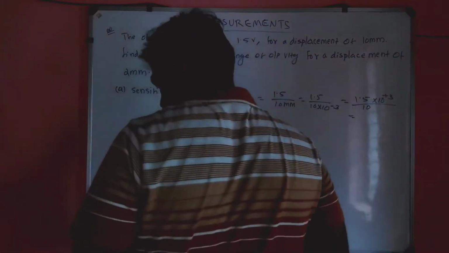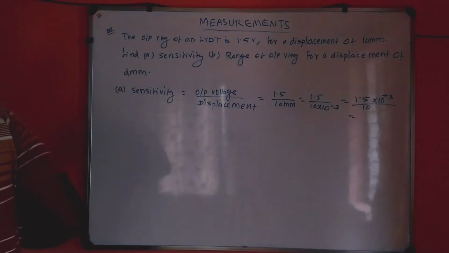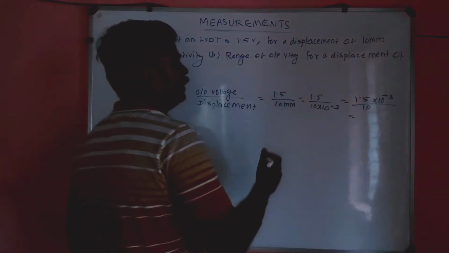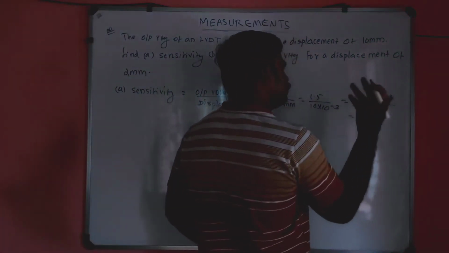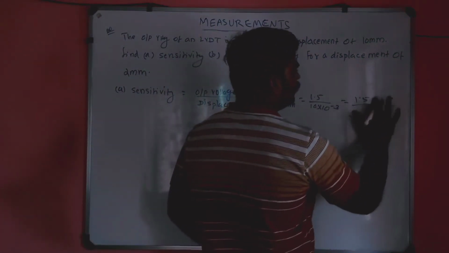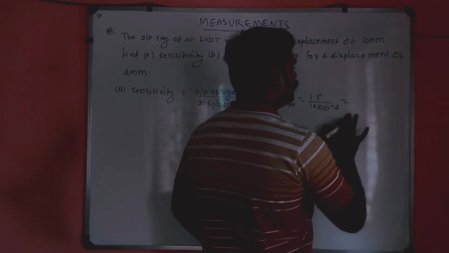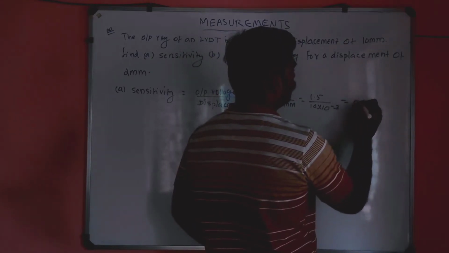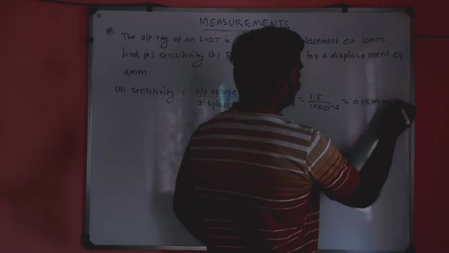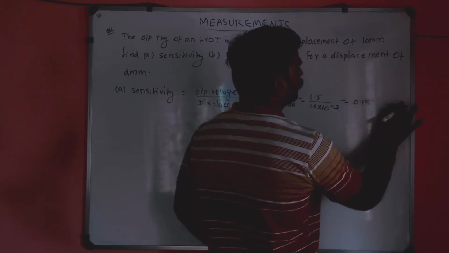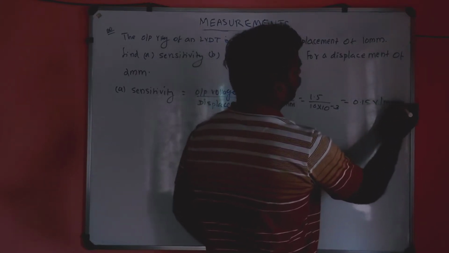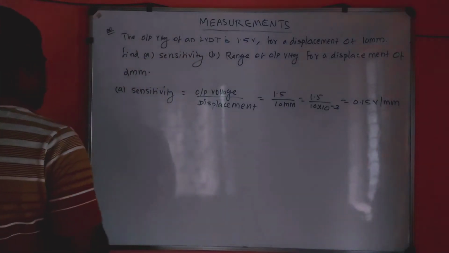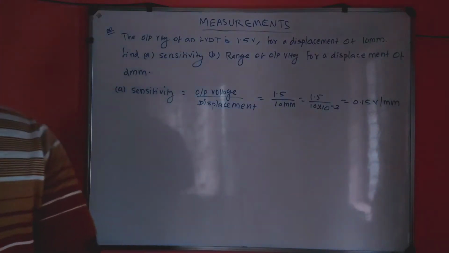You can get it in millimeter, or meter also, but normally millimeter is the convention. So that is the sensitivity, 0.15 volt per mm.